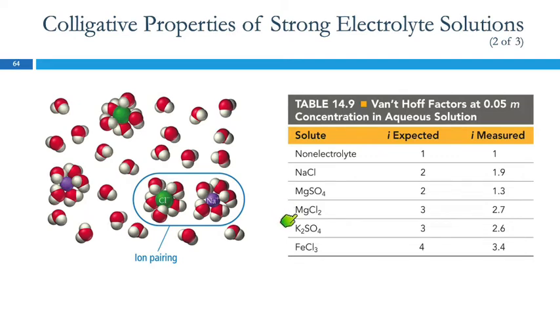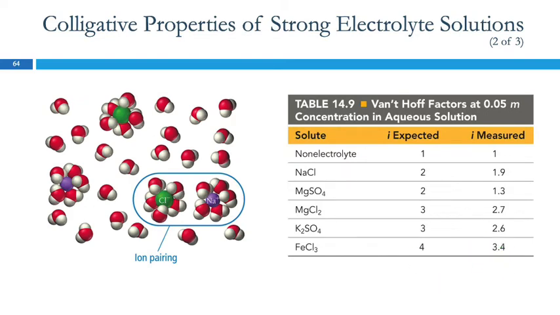Magnesium chloride, there's 1 magnesium and 2 chloride ions. So we expect it to be 3. The actual value is a little bit less. K2SO4, again, we've got 3 ions there. And FeCl3, there's 4 ions, 3 chlorides and 1 iron. So the expected Van 't Hoff factor is 4.